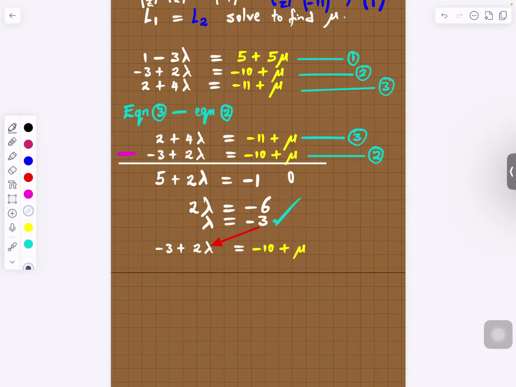So that'll give me minus 3 plus 2 times minus 3 is equal to minus 10 plus mu.